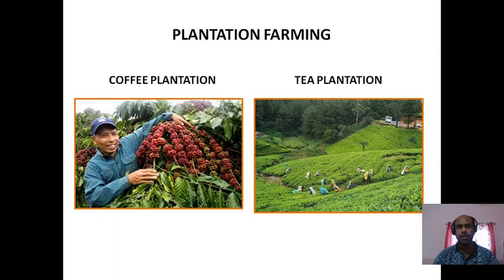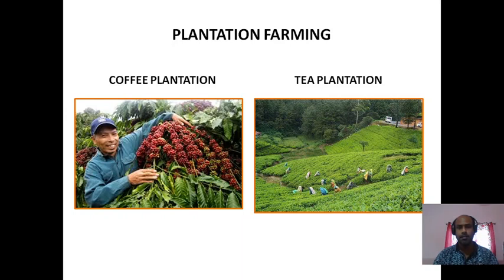Last is plantation farming. In India, mainly there are two kinds of plantation farming. One is coffee plantation, another one is tea plantation. So we mainly produce beverage crops by means of plantation farming.